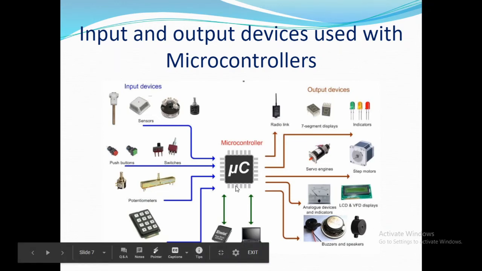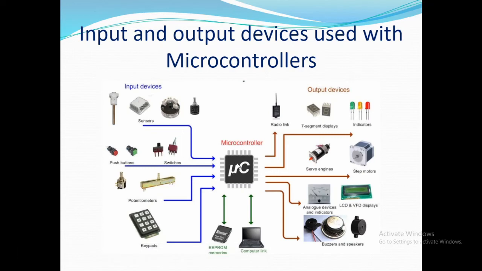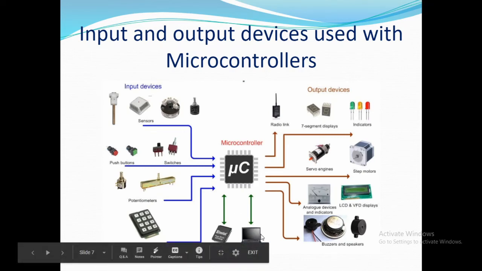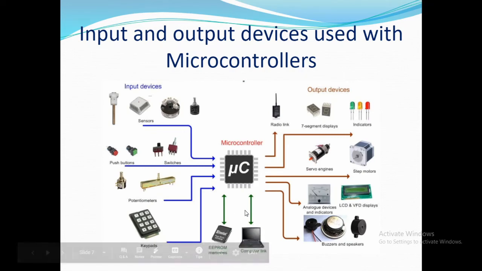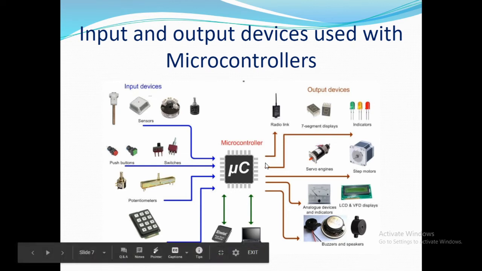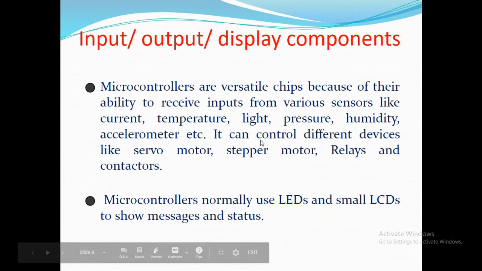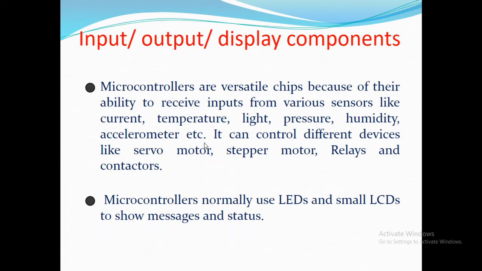The data generated by the microcontroller can be sent to a PC or a laptop also. We can also transmit the data using a radio link. So these are the various input, output, and display components used here.